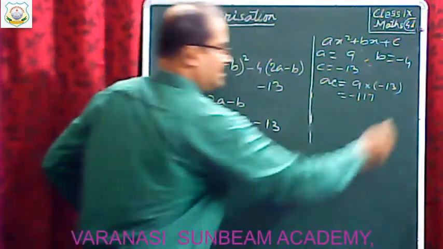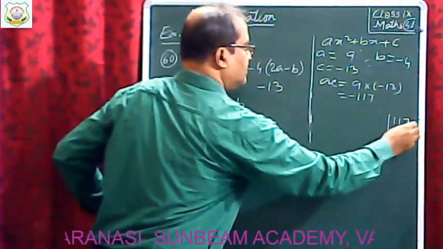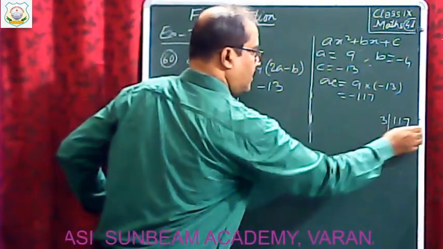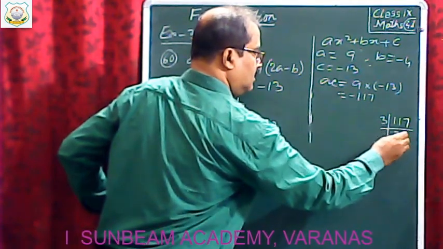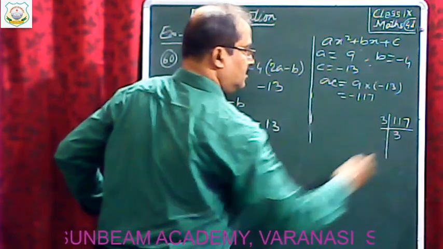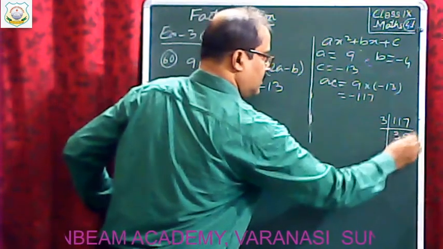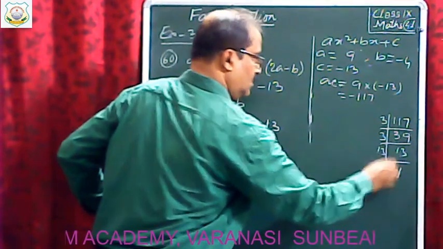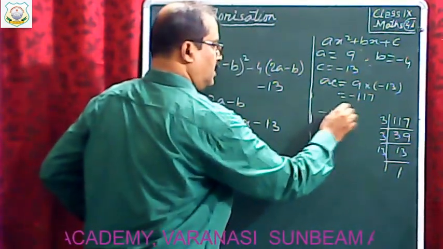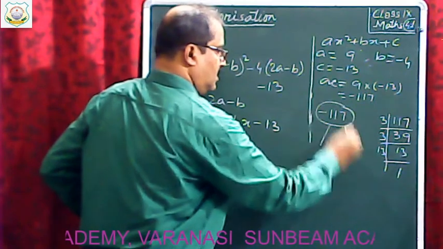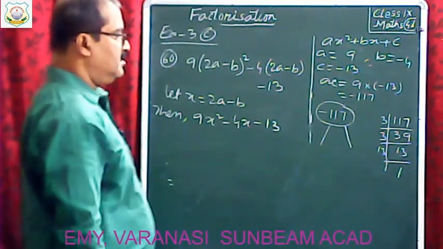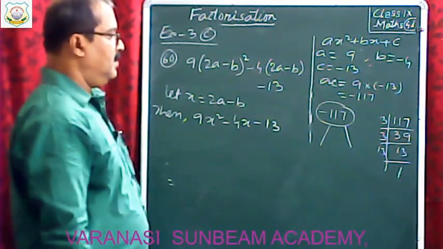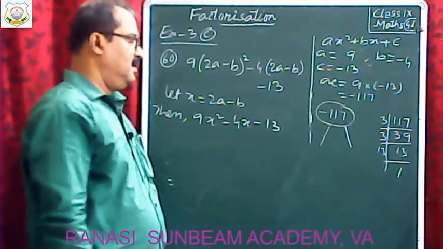You have to factorize 117: 3, 9, 3 9 is 27, again 3, 13, 13, 1. So the product is minus 117, and you have to rearrange the factors as two terms, so the sum is minus 4 and the product is minus 117.